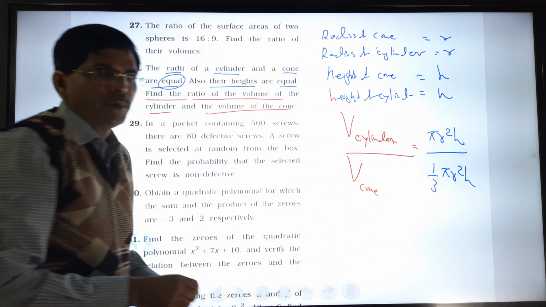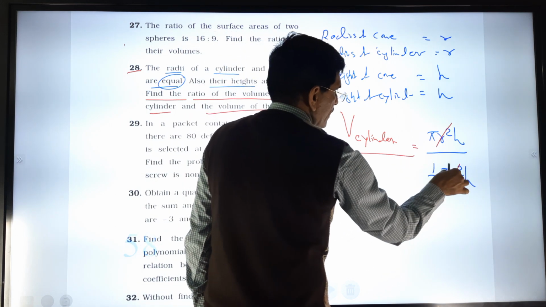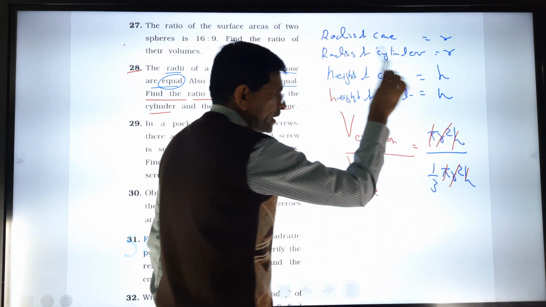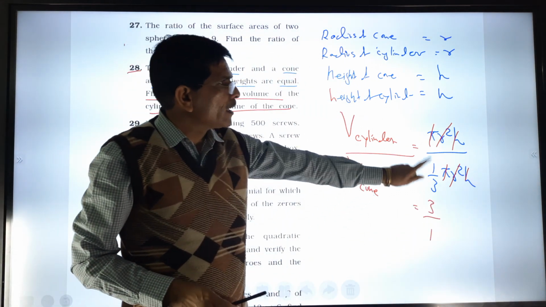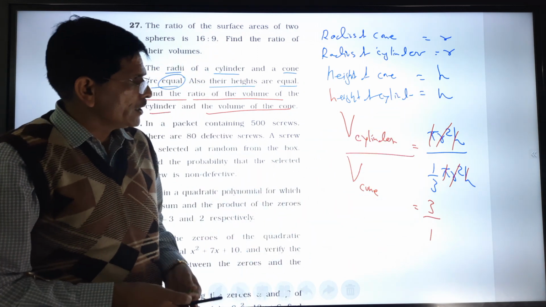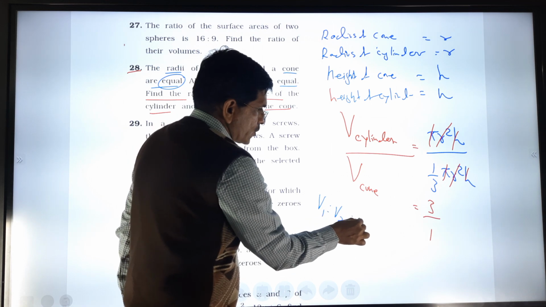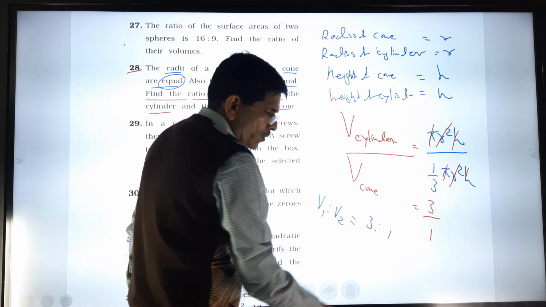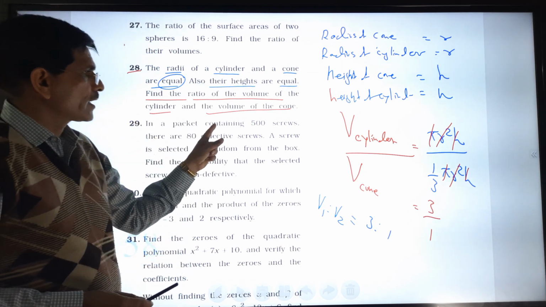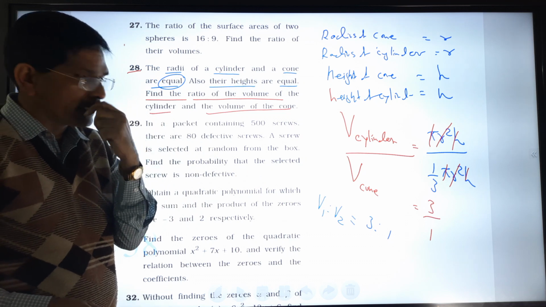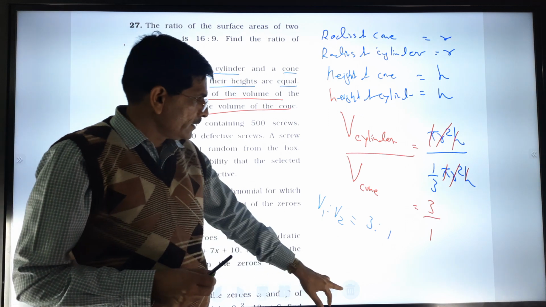But everything is the same or equal in the question, so we can do the cancellation easily. Now the denominator of the denominator converts into the numerator. So the ratio V1 to V2 is equal to 3 to 1. We can write volume of cylinder to volume of cone is equal to 3 to 1. I hope you have also understood this.